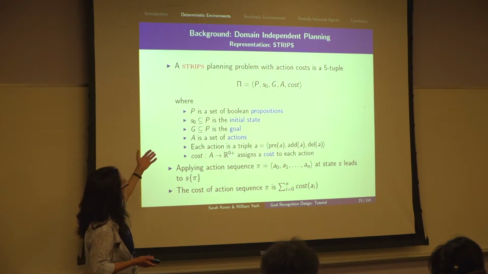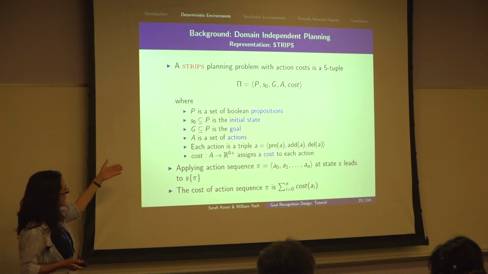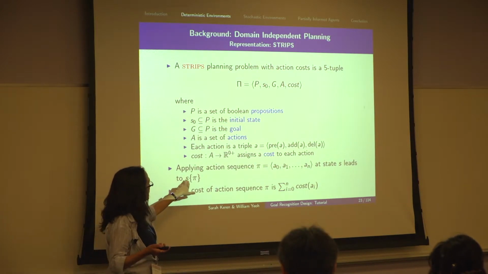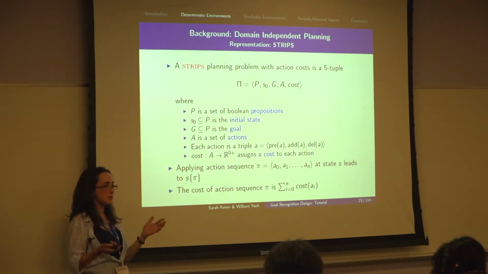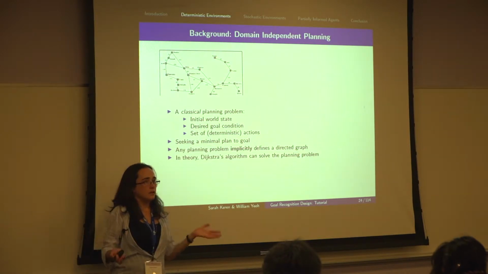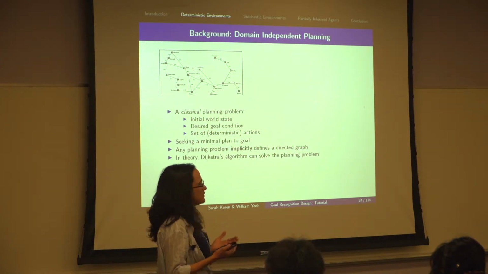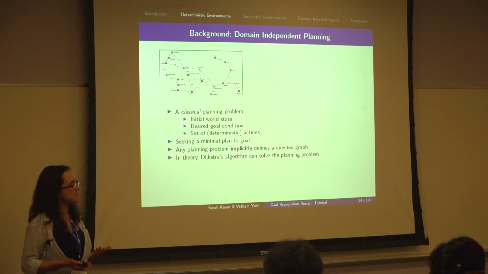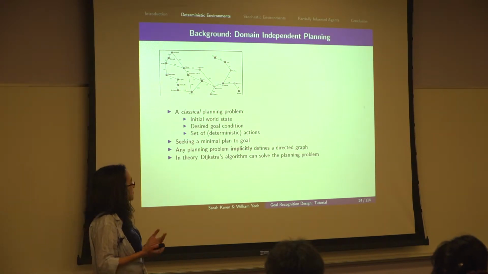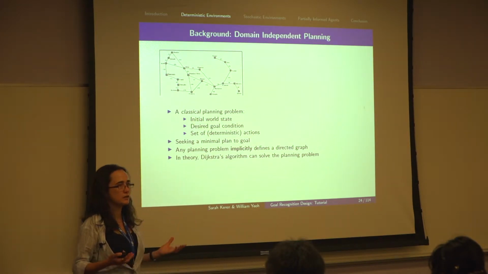As I said, we are using a STRIPS model where we have propositions, an initial state, a goal state, and actions. We have a cost that can be assigned to each action. And we have action sequences, which are the sequences that the agents follow. Now, as you know, when we define the task, if we could define the state space explicitly, we could have used any search algorithm like Dijkstra to find a solution.